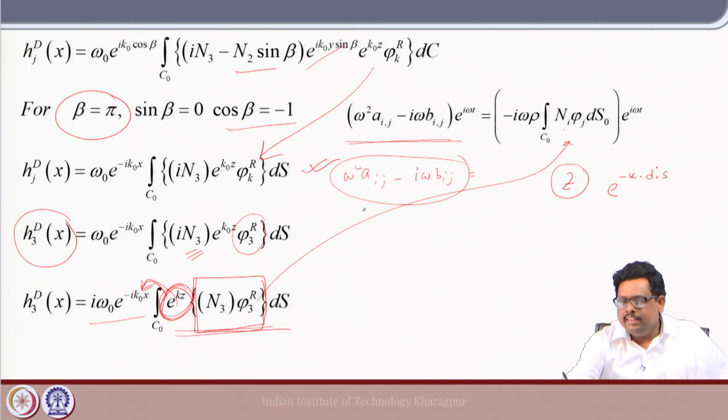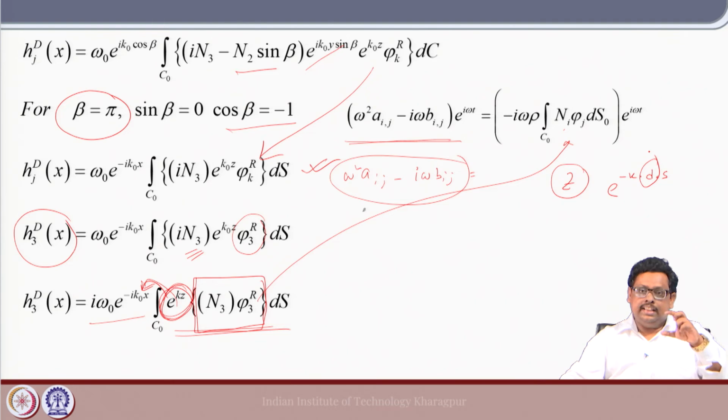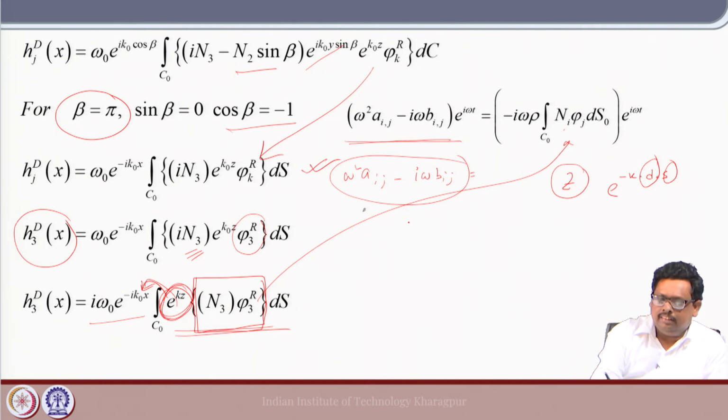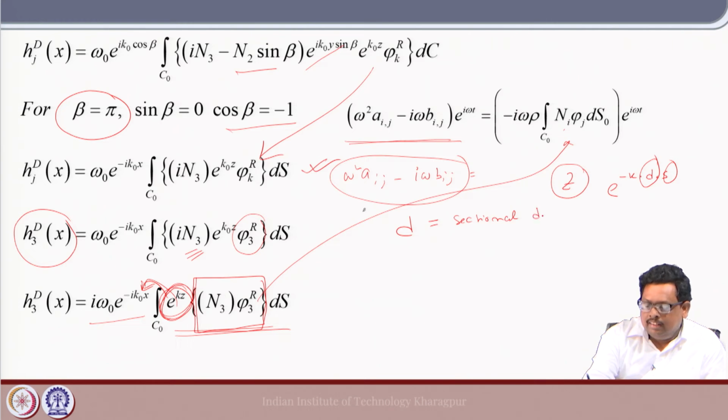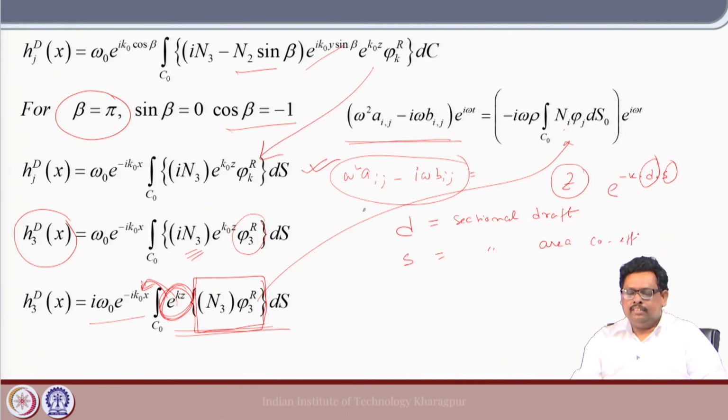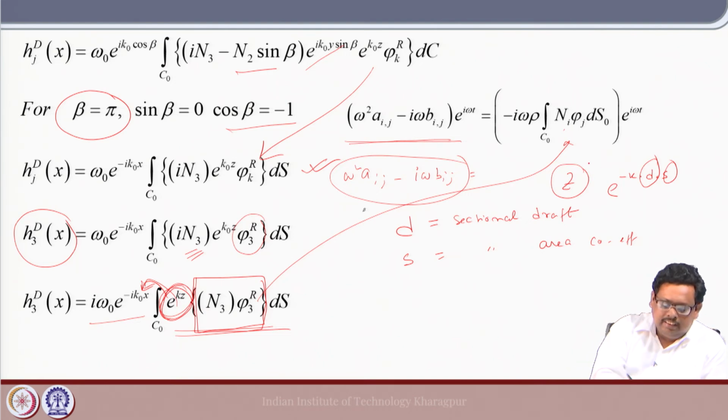Here this d is nothing but the sectional draft, and s is nothing but the sectional area coefficient.